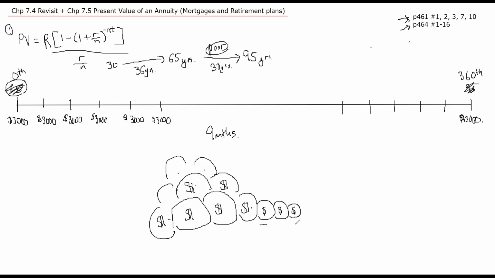But that's not true. While I take one bag out at a time, I am continually making interest. So the amount of time it takes for me to run out of money is actually longer than 9 months. And that's what the present value annuity calculates for you.